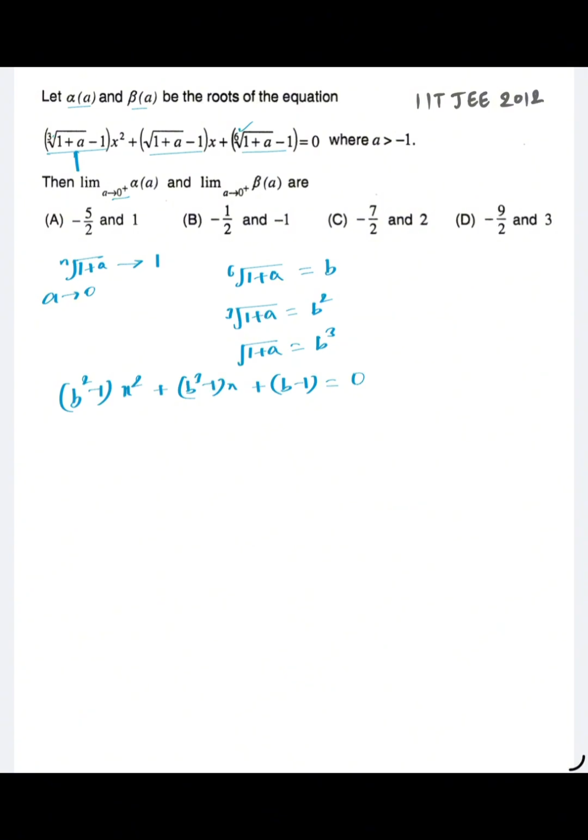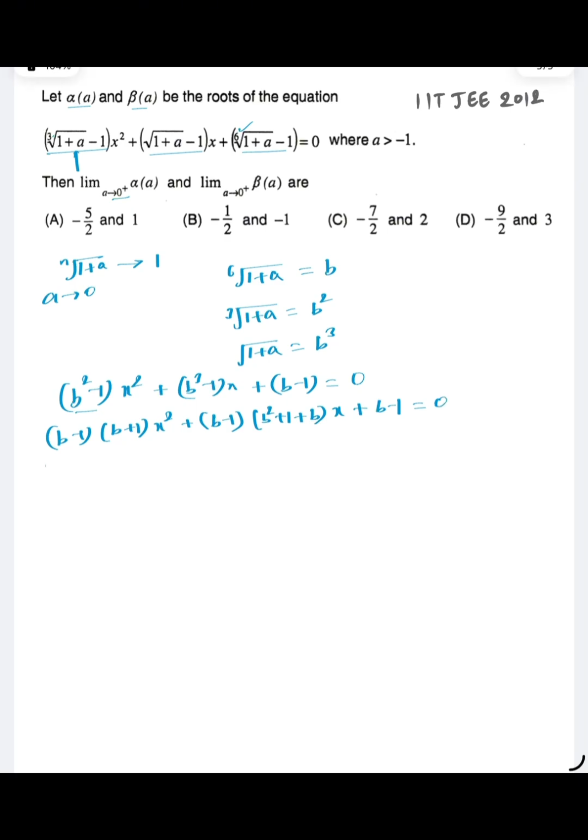And now we can see that we can take b minus 1 out, right? So if we factorize this, we will have b minus 1, b plus 1 x square plus b minus 1, b square plus 1 plus b x plus b minus 1 equals 0.